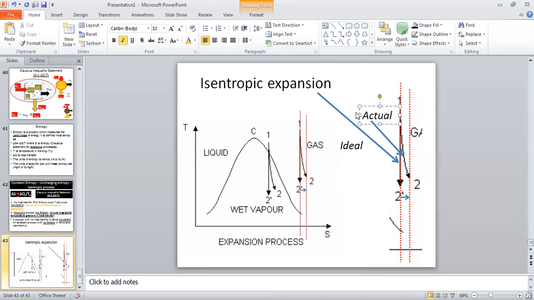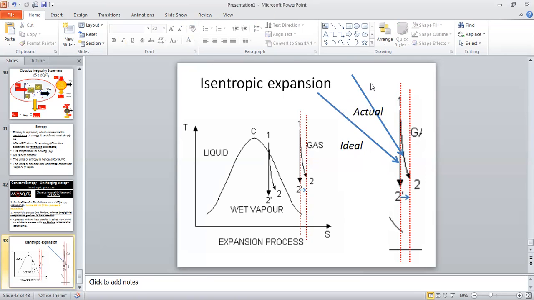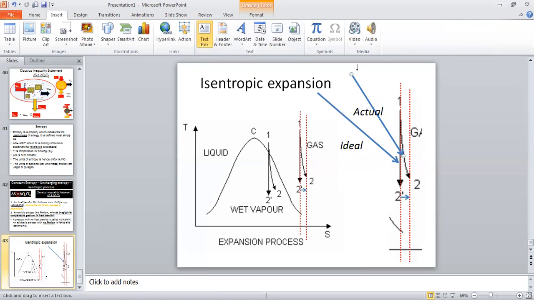So what happens in the actual is entropy rising. Here, yes, entropy rise, you can see. I have explained this to you earlier.